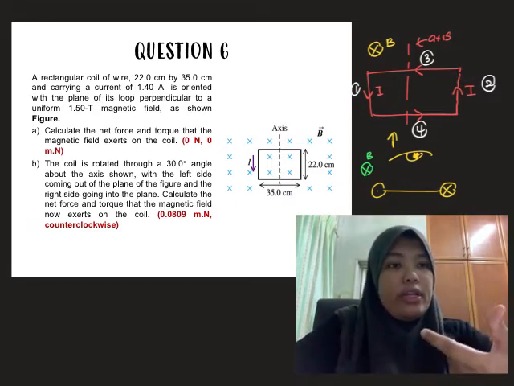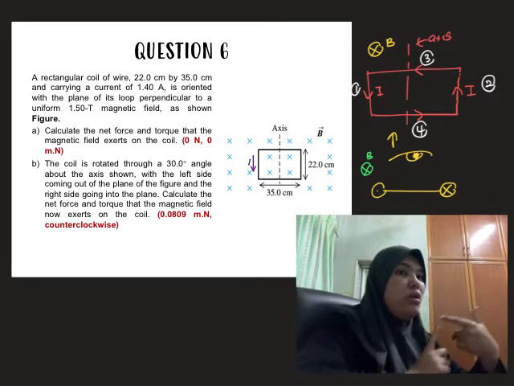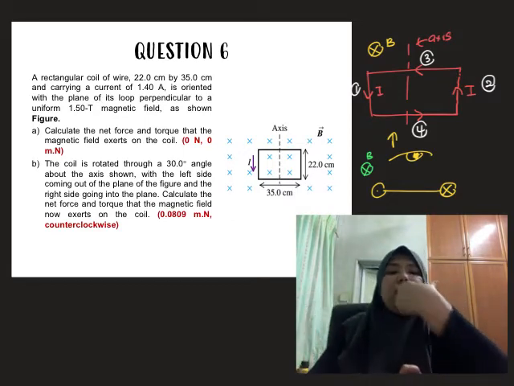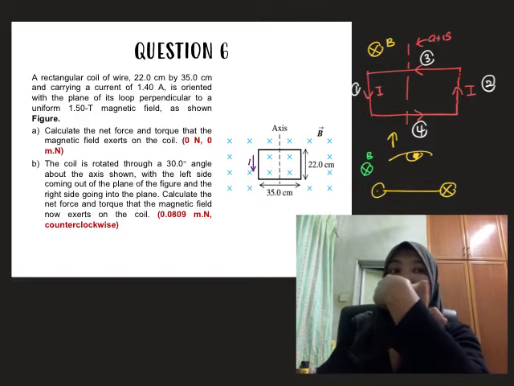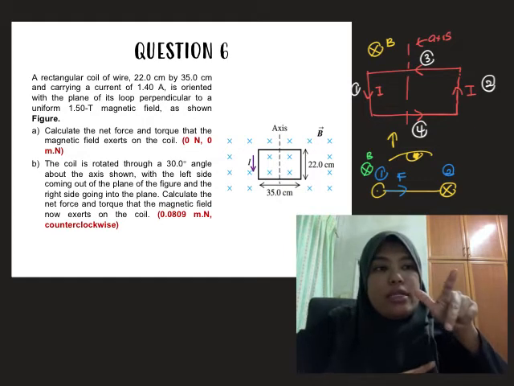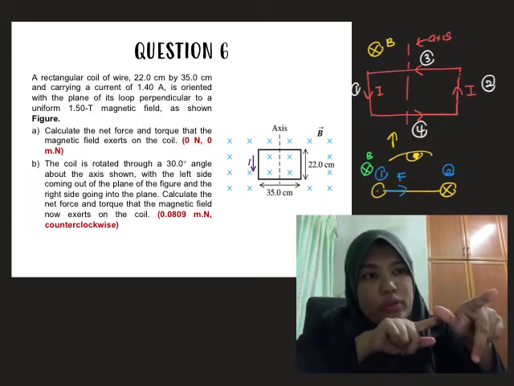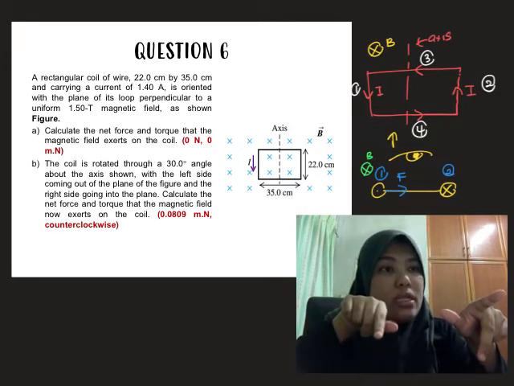The current is pointing towards me, and the magnetic field is into the page, therefore you can see that the magnetic force is pointing to the right. For the second part, the current is away from you, but the magnetic field is into the page, therefore your magnetic force is pointing towards the left.